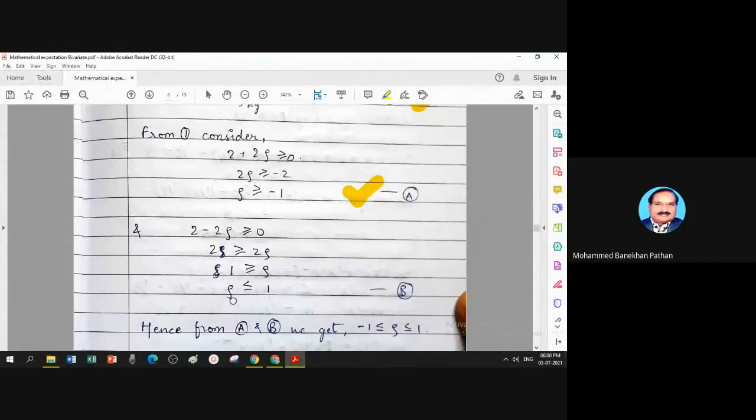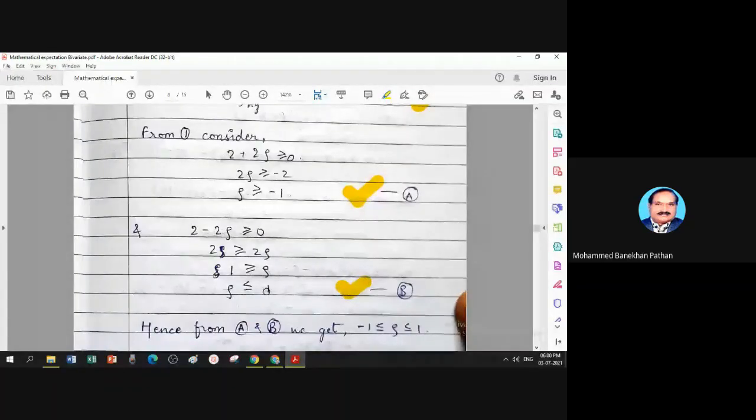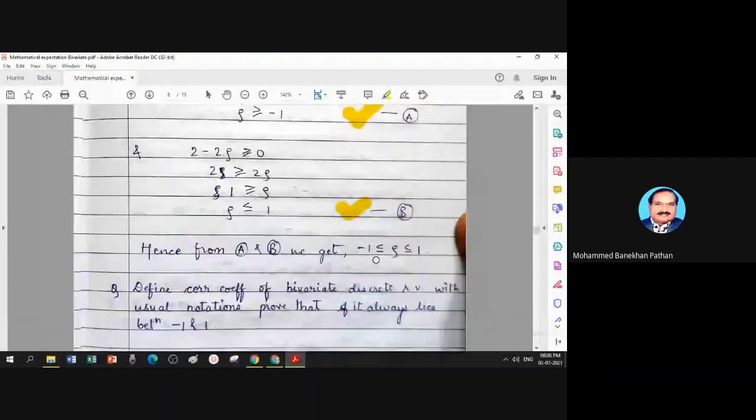This is your second result. The first says rho is always greater than or equal to minus 1, and the second says rho is always less than or equal to 1. If you combine both, you get the proof of this property of the correlation coefficient.